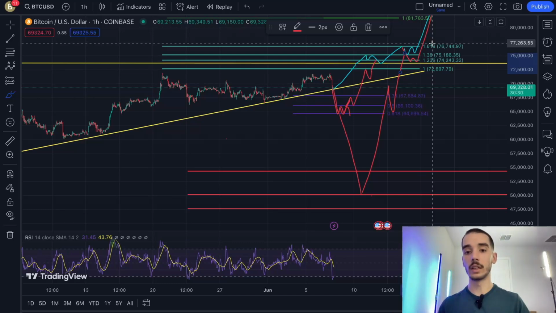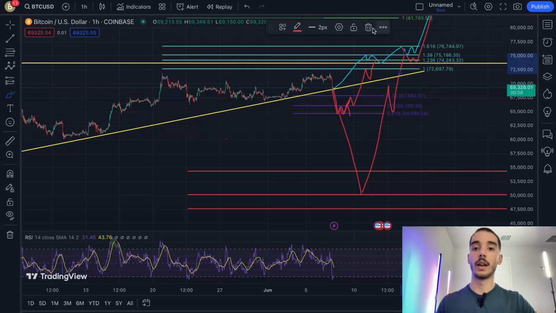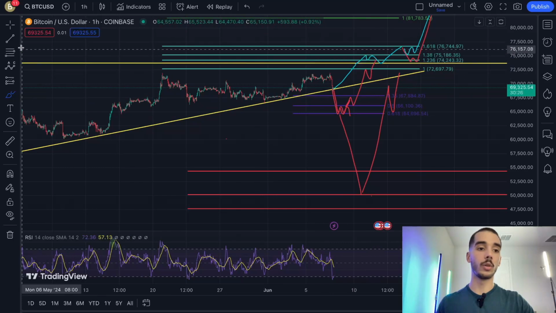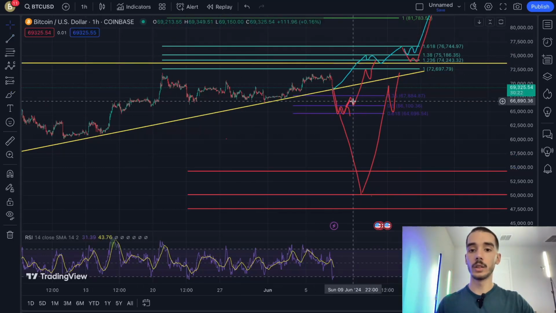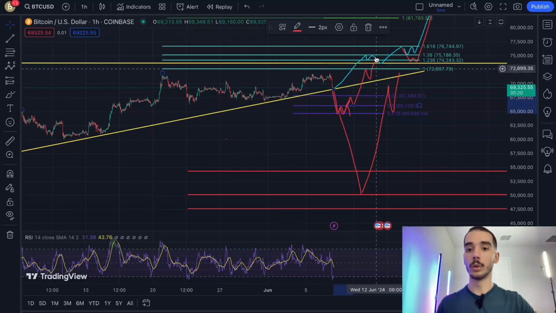So they both lead into the same area, although it can either be delayed a little bit or a little bit more.